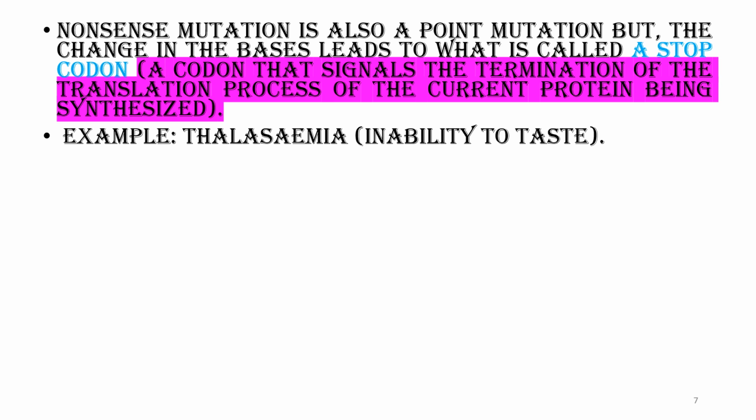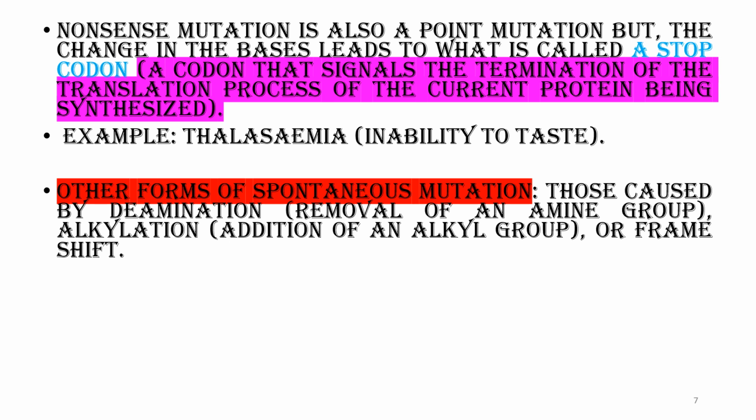A stop codon signals the termination of the translation process of the protein that is being synthesized. A common example is thalassemia. Thalassemia is the inability to differentiate different tastes.